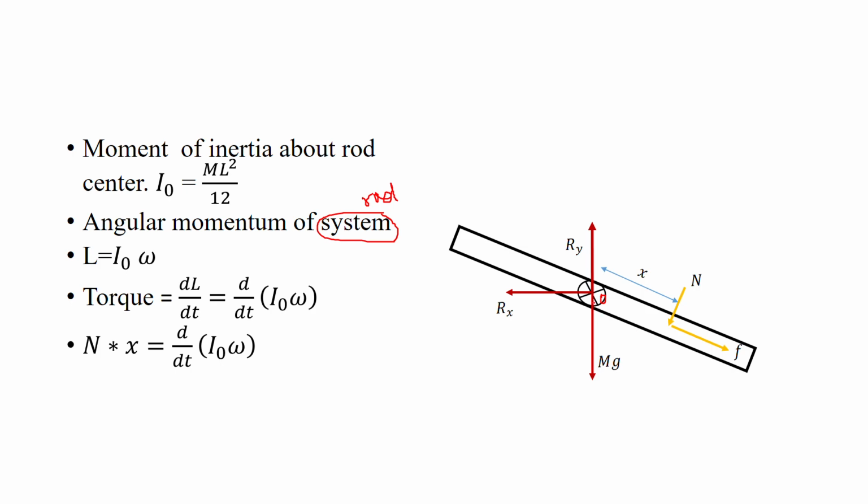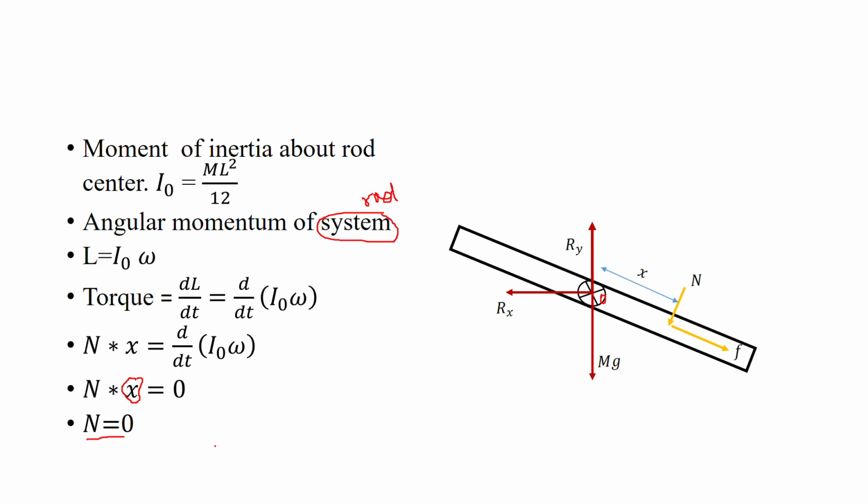So there will be only a torque of N, the normal reaction. So in fact N into X equals d by dt of I naught into omega, and this I naught into omega is constant, so N into X equals 0. Now since X cannot be 0 because it is at a certain distance from the center of the rod, N is 0.